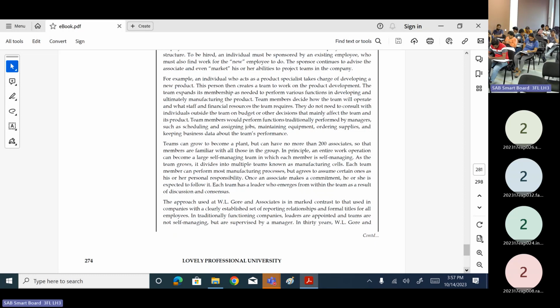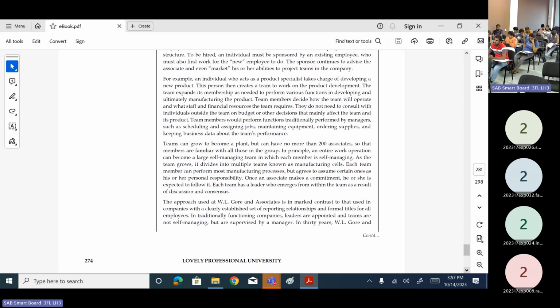As the team grows, it divides into multiple teams known as manufacturing cells. Each team member can perform most manufacturing processes, but agrees to assume certain ones as his or her personal responsibility. It cannot be given to another. He or she should be responsible personally, individually.